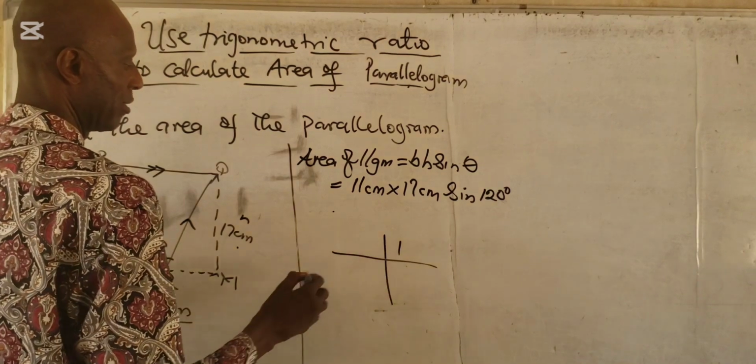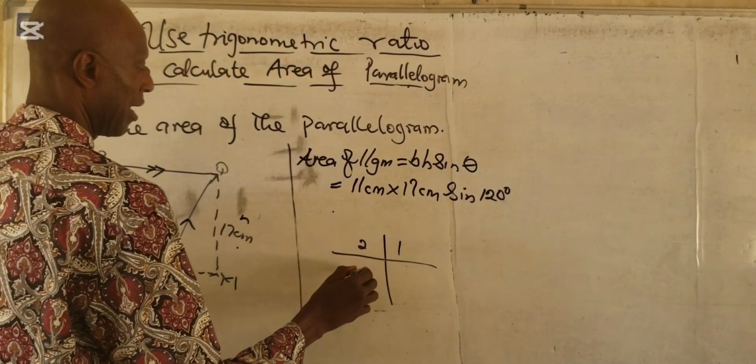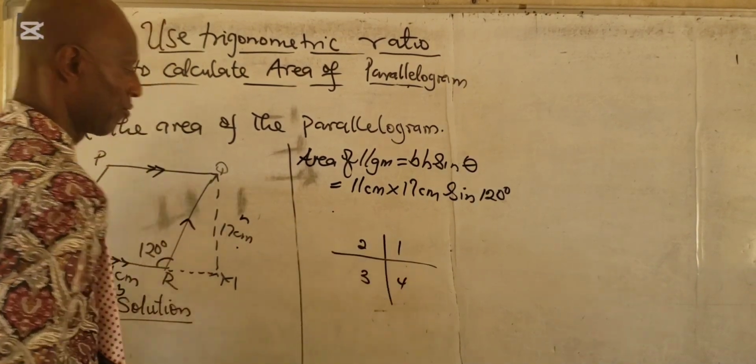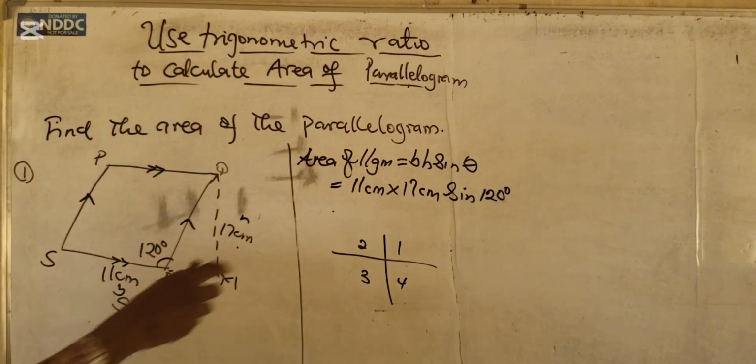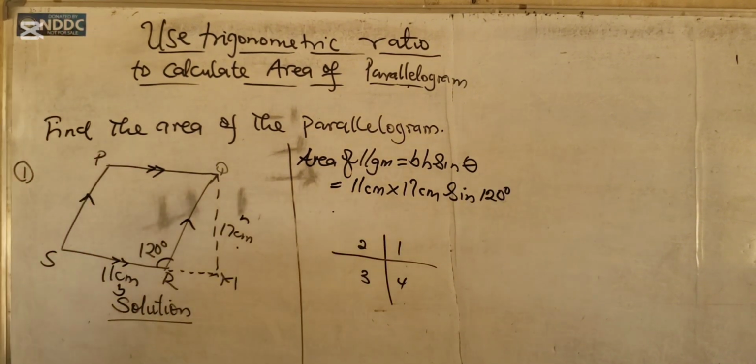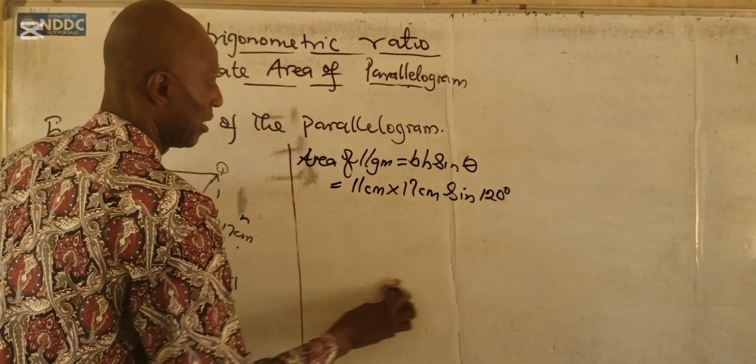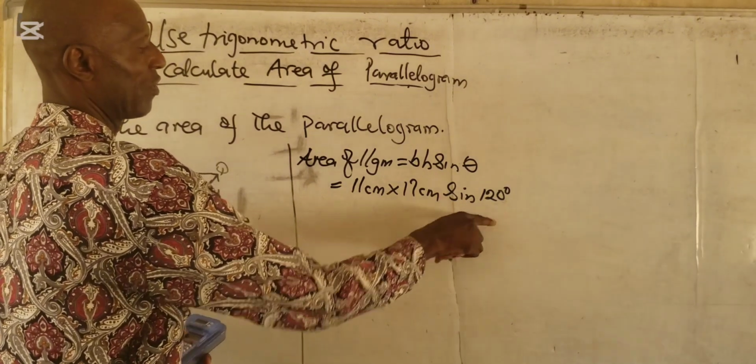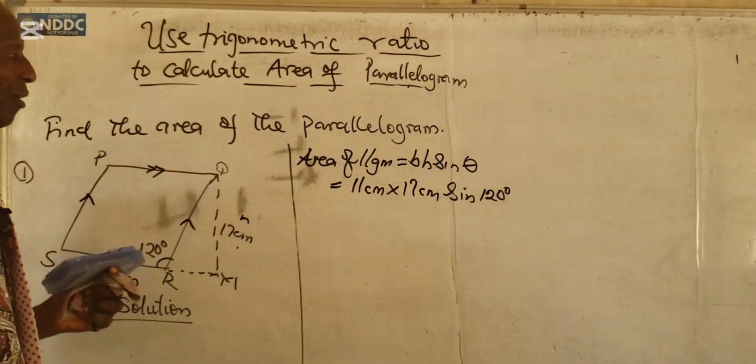Okay, now I can equally write like this because if you look at the quadrants, here's the first quadrant, here's the second quadrant, here's the third quadrant, here's the fourth quadrant. In the second quadrant, where sine 120 is, sine is positive. So if sine there is positive, I want to take the equivalent. This is when you want to use a four-figure table.